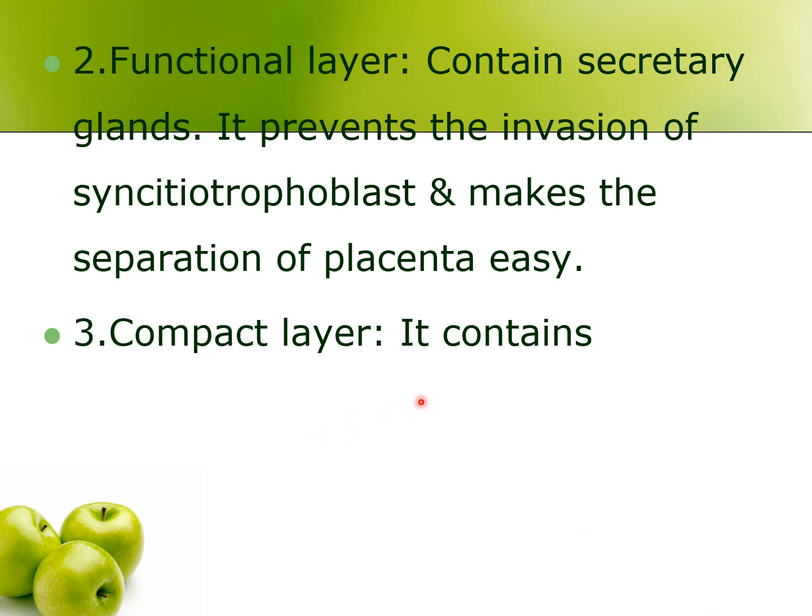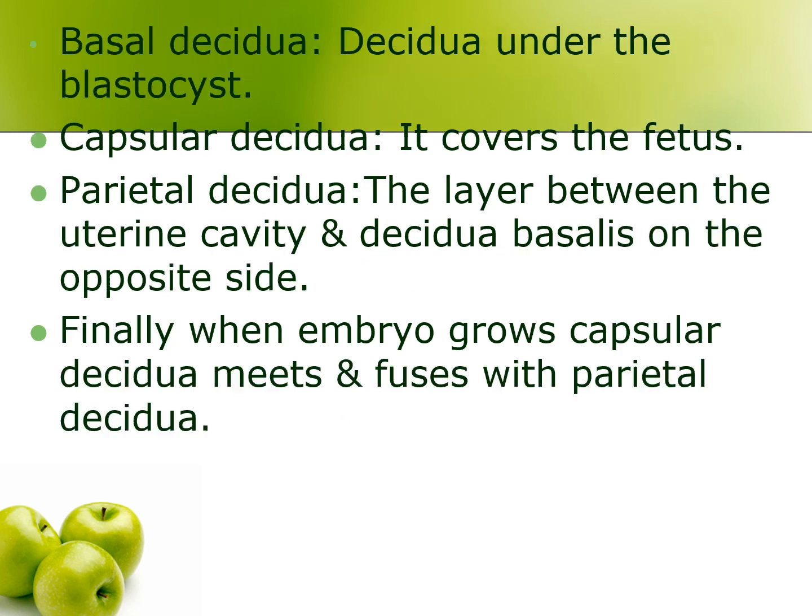We were saying that this endometrium during pregnancy has three layers: basal layer, functional layer, and compact layer. This compact layer is the inner layer, the layer coming close to the baby. This again has three parts: basal decidua, capsular decidua, and parietal decidua. Basal decidua means the decidua which lies under the blastocyst.